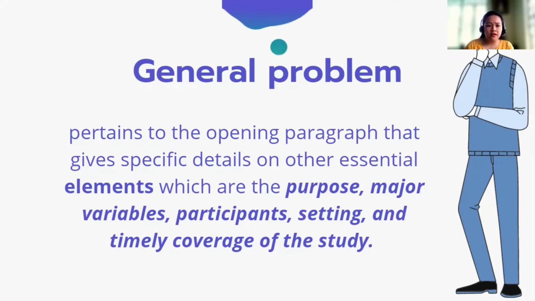General problem pertains to the opening paragraph that gives specific details on other essential elements, which are the purpose, major variables, participants, setting, and timely coverage of the study. So, in the elements part, dito na papasok yung how you crafted your research title. Because in your research title, you put the purpose also, or wala yung purpose. The variables, di ba? For example, ano na yung example ko ng research title?